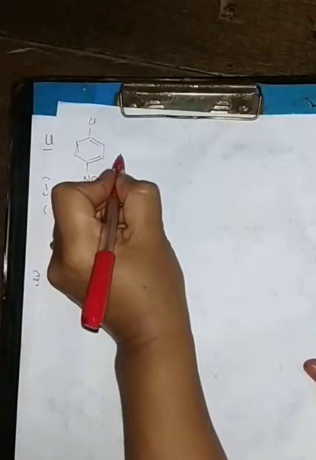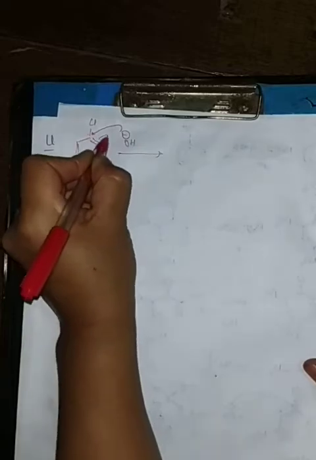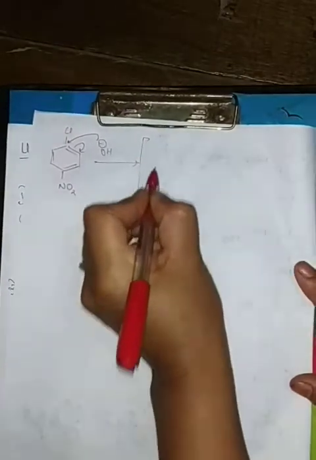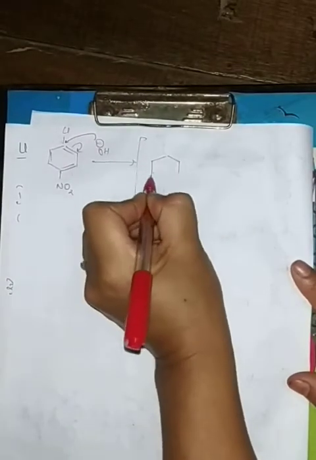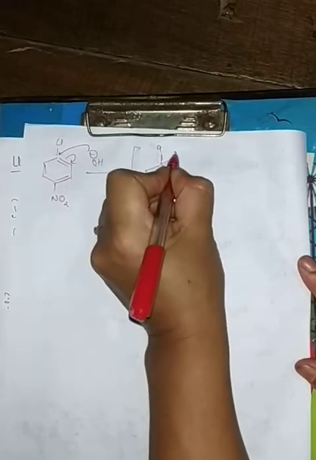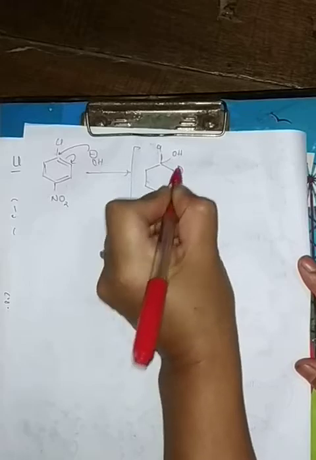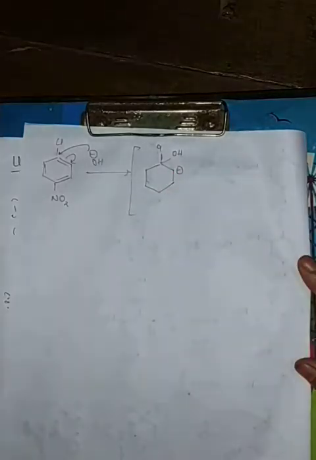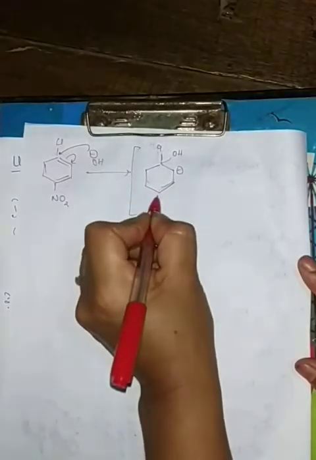Now the attack happens here, the electron pair shifts here. Now the resonating structures we will be getting here: Cl is here, OH is here, the negative charge comes here, and then because of this we have here N and O2.